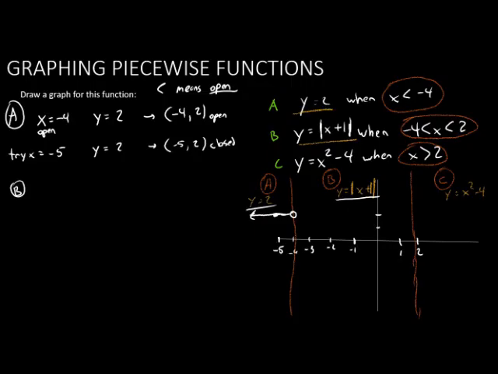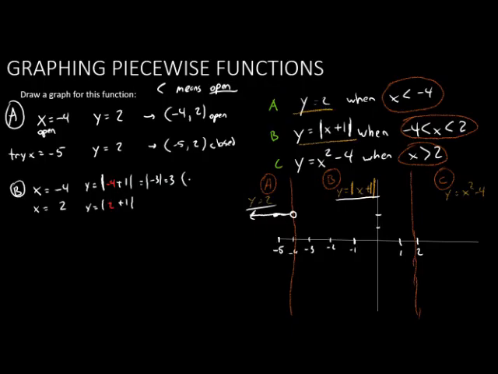Now notice my boundaries for region B are at -4 and 2. So let's definitely take x equals -4 and x equals 2 and see what y that gives us. Our y will be equal to absolute value of x plus 1. So I'll have -4 plus 1 and 2 plus 1. If I take -4 plus 1, I'll have absolute value of -3, which is 3.